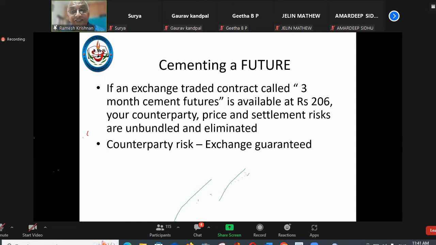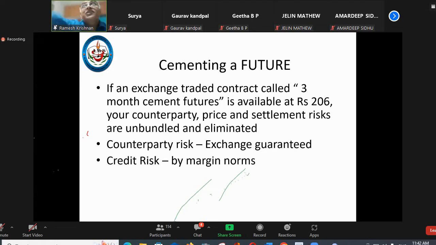Here, the exchange gives you guaranteed settlements. So the counterparty risk is eliminated. Whether after 3 months your dealer absconds, no problem. Here, exchange guarantees you the settlement.